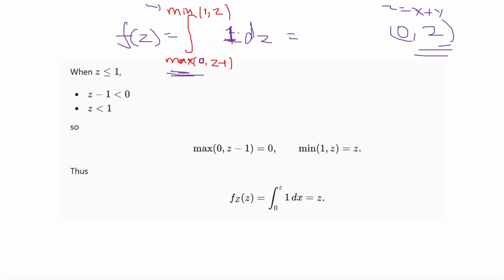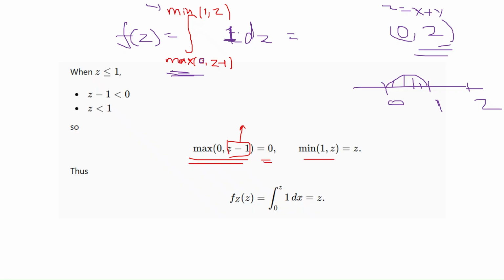Now, we have 0 here, then 1 here, and then 2 here. When z is less than 1, which is this range here, for the lower limit, the max of 0 and z minus 1, z minus 1 would be negative because z is less than 1, which means the maximum of these two would be 0.